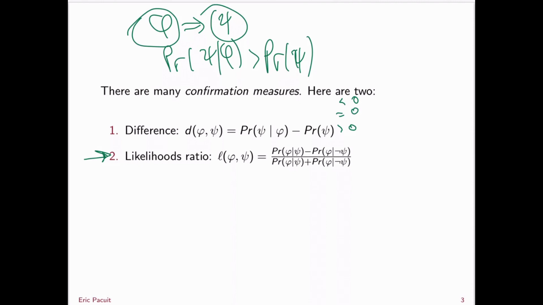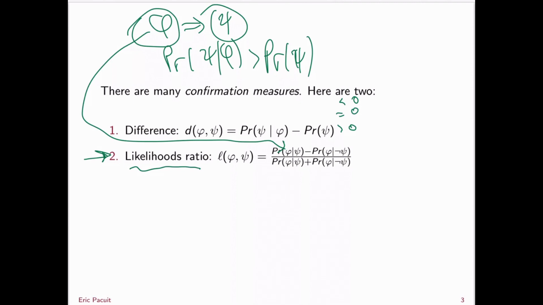In the likelihood ratio, you're looking at the likelihood of the premise given the conclusion. So it's the probability of the premise given the conclusion minus the probability of the premise given that the conclusion is false. This likelihood ratio is intended to be a way of measuring how relevant phi is to psi.